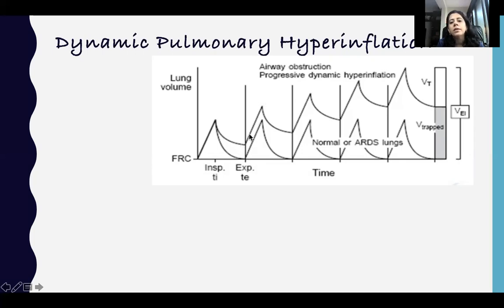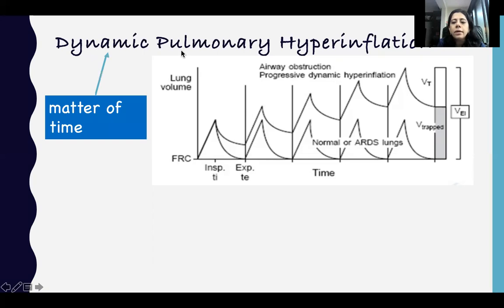Now in the second breath, there is again a similar inhalation, the same tidal volume is inhaled again, and now the end inspiratory lung volume is also higher than it was in the previous breath. So eventually, with progressive increase in time, not only does the end expiratory lung volume increase, but also the end inspiratory lung volume, as we add the tidal volume to the functional residual capacity after each breath cycle. This is what is dynamic pulmonary hyperinflation.